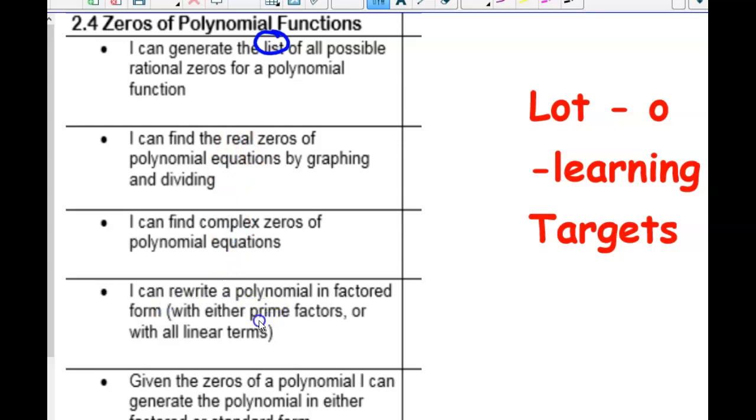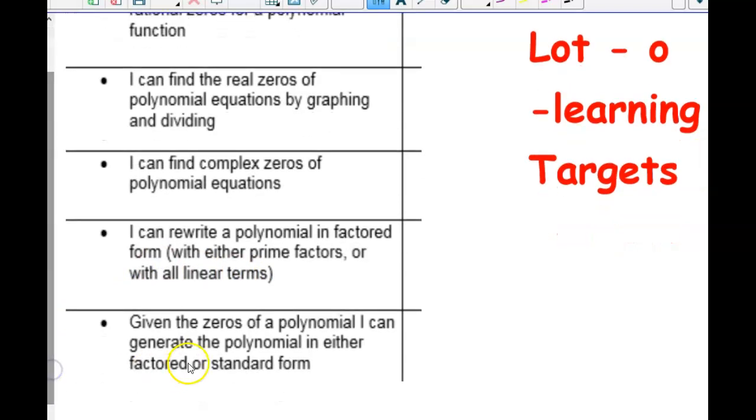I can rewrite a polynomial in factored form with either prime factors or all linear terms. That's at the end of the lesson today. And then I can give the zeros and generate the polynomial in either standard or factored form. We're just going to do factored form. Okay, this is given the zeros, sorry.